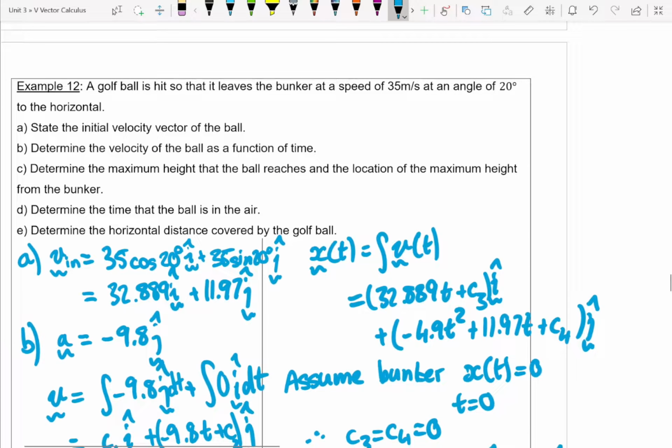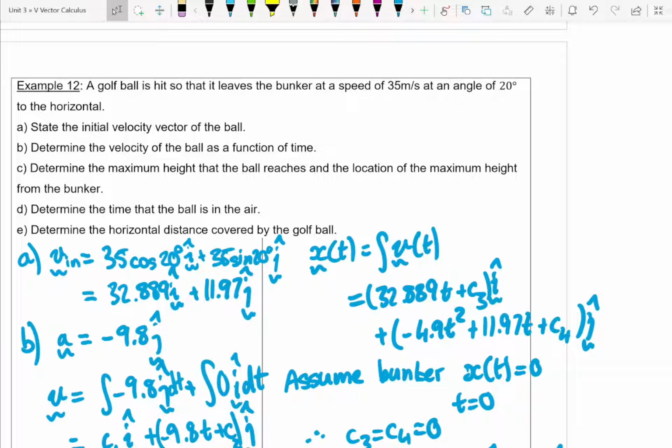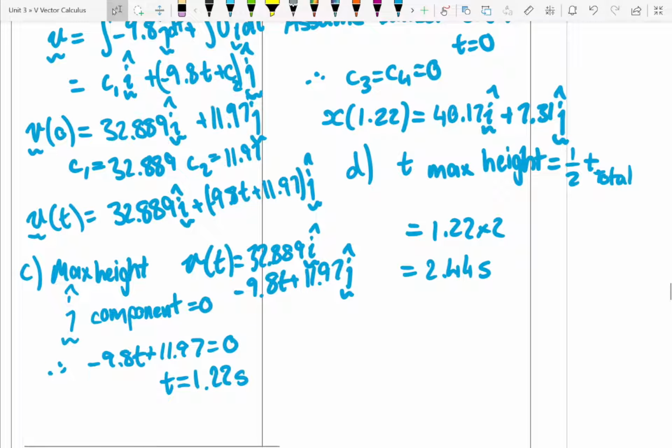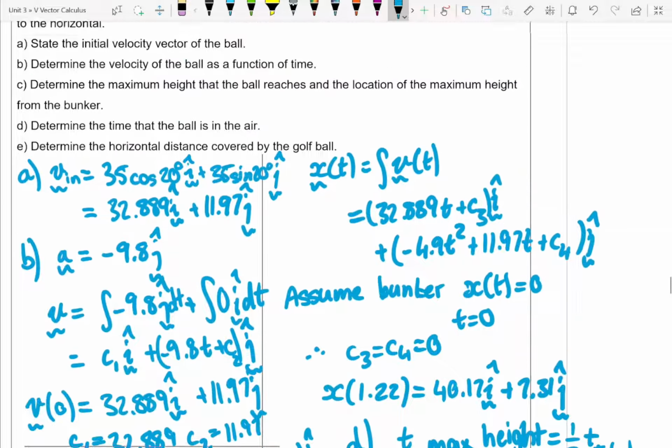And then part E, determine the horizontal distance covered by the golf ball. That's just going to be the i component of x of 2.44, which is equal to twice the i component of x of 1.22. So it's going to be 80.34. And goodness me, I've forgotten all my units. So let's go back up.